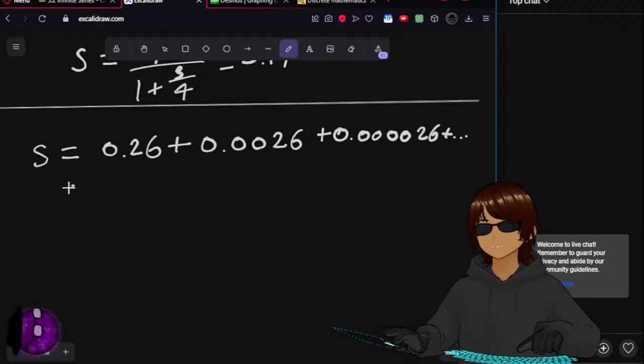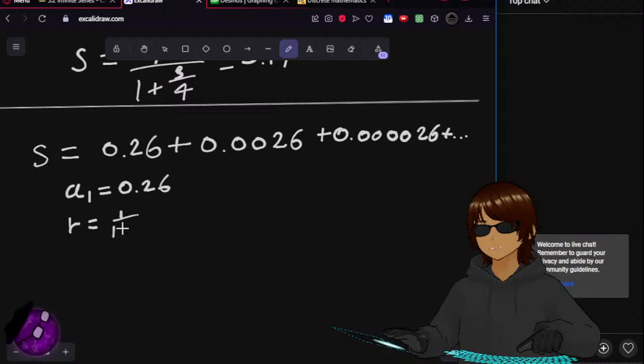So the first term a1 is equal to 0.26, then r is equal to 1/100.